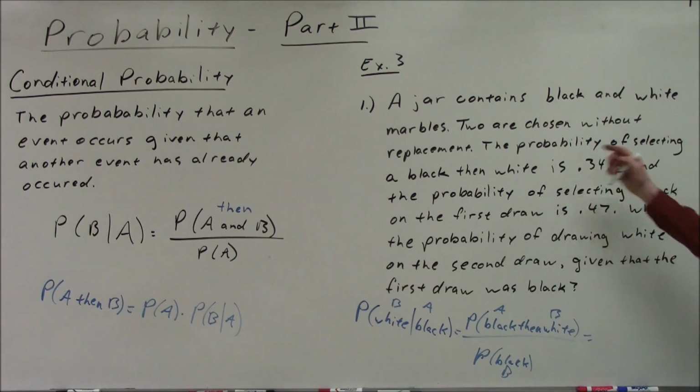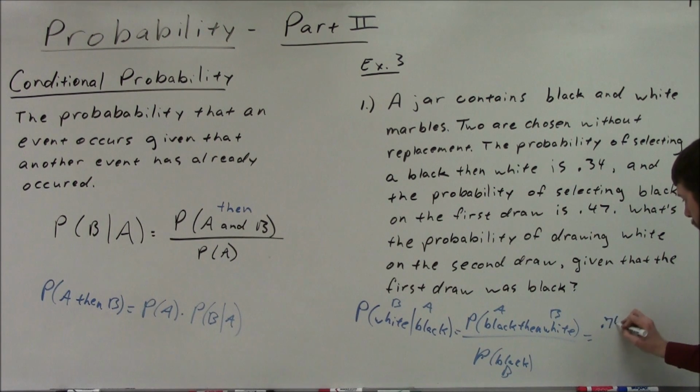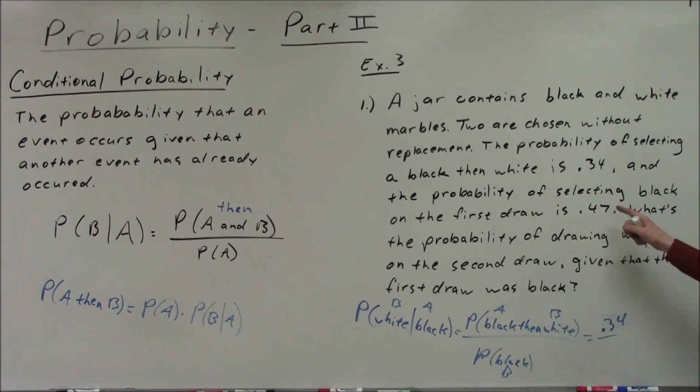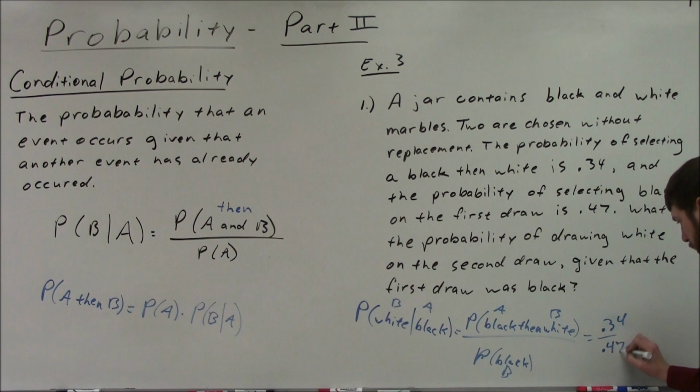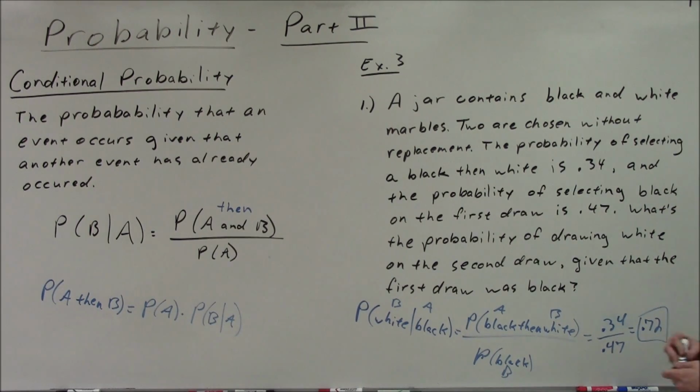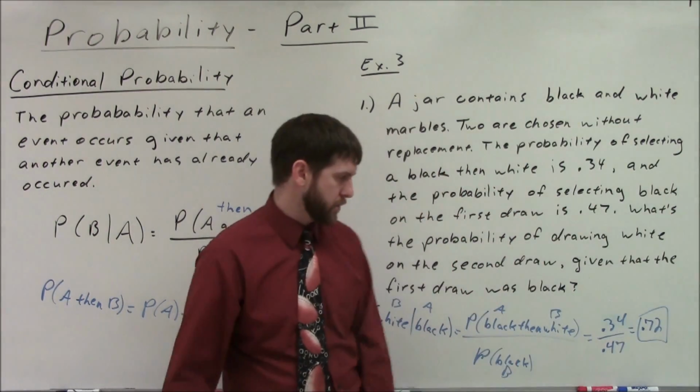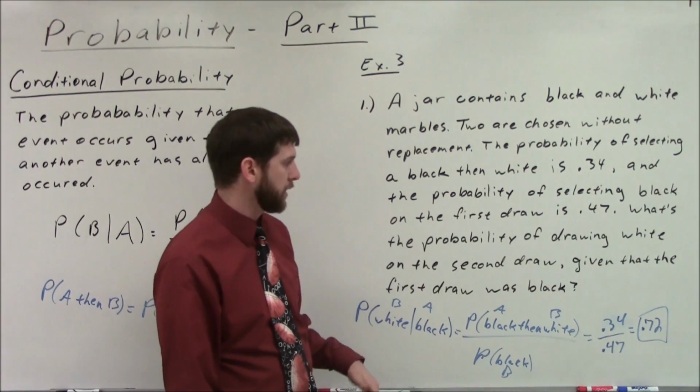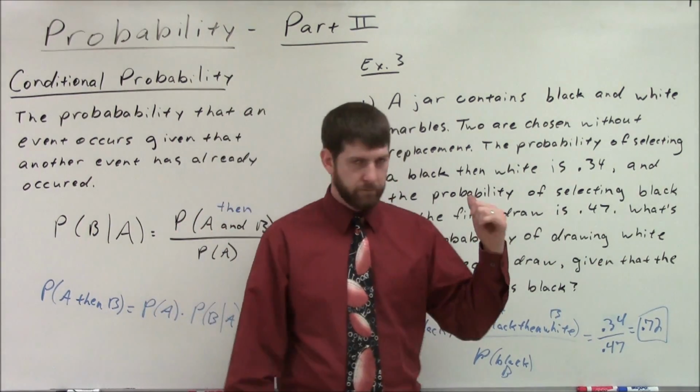What they say, black then white is 0.34, divided by the probability of just black. Black on the first draw is 0.47. When you do the math on that, you get 0.72. So there you go. Probability of getting a white on your second draw, if your first one was black, is 0.72. Look at that. We can plug numbers into a formula.